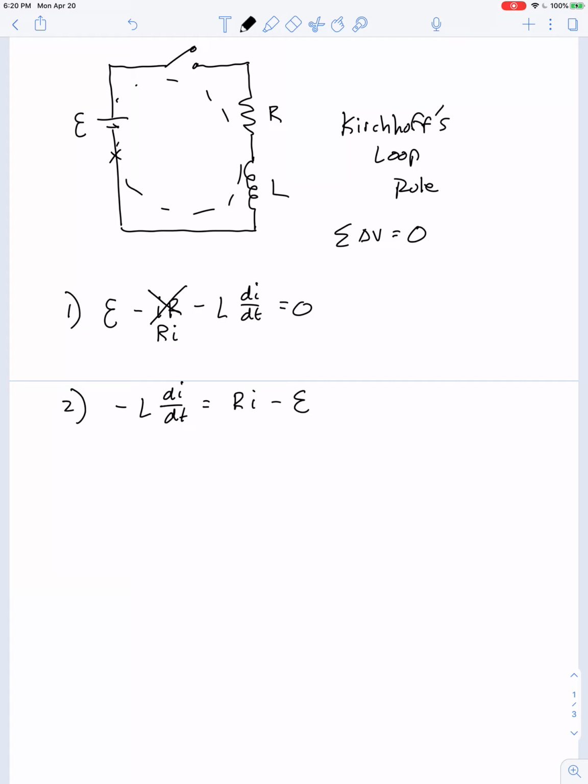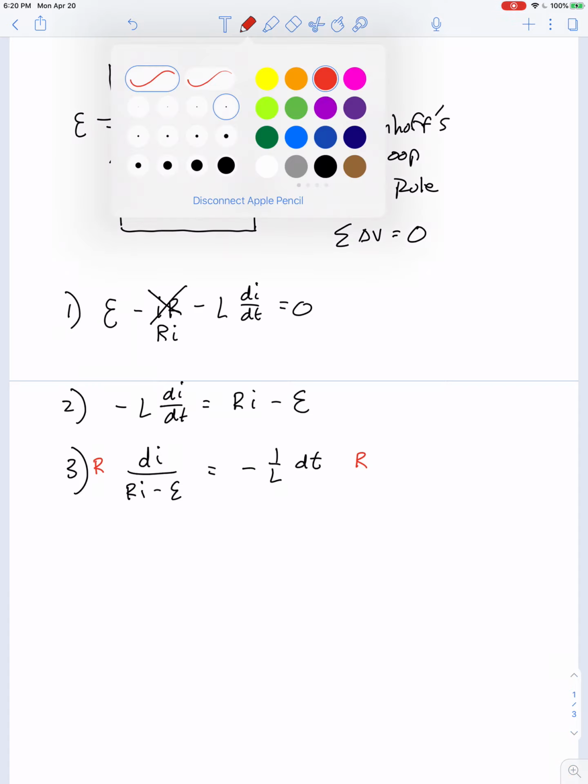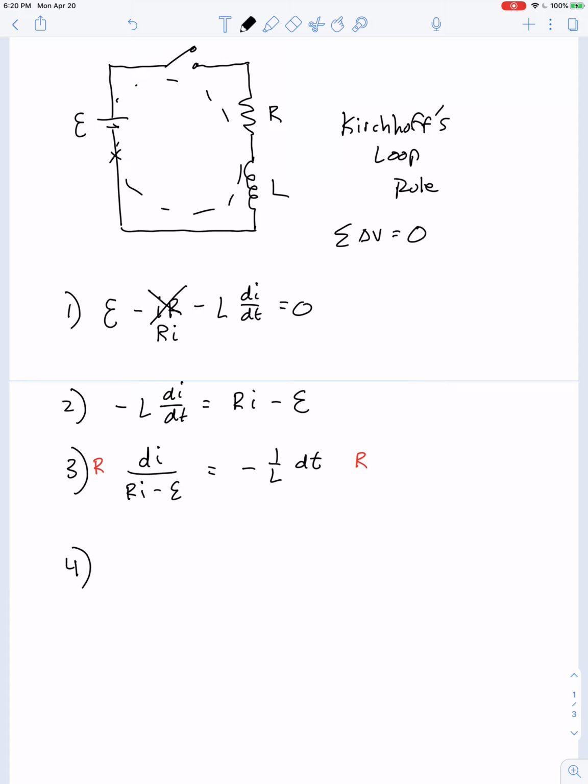And then let's cross multiply. di divided by RI minus EMF is equal to negative 1 over L dt. Let me multiply both sides of the equation by R. All right, that gets us to step 4.